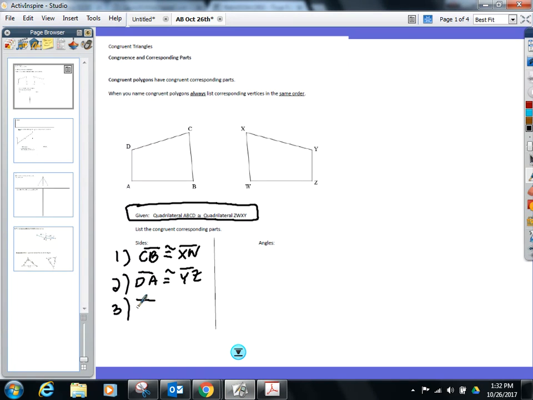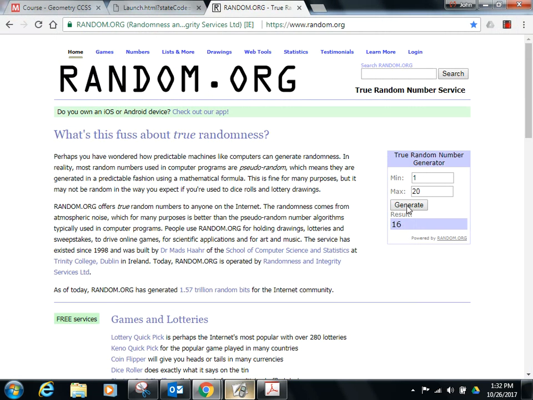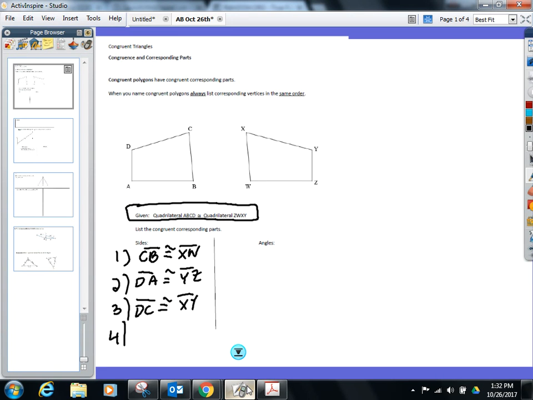Segment DC is congruent to segment XY. Hey, there you go. Nice job. Under 15 seconds as well. Perfect. And one more pair, please. 6. AB and WZ. Perfect.